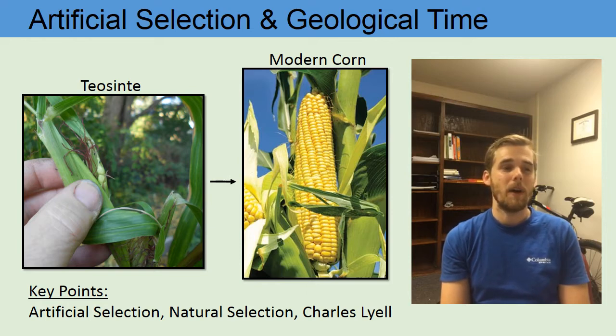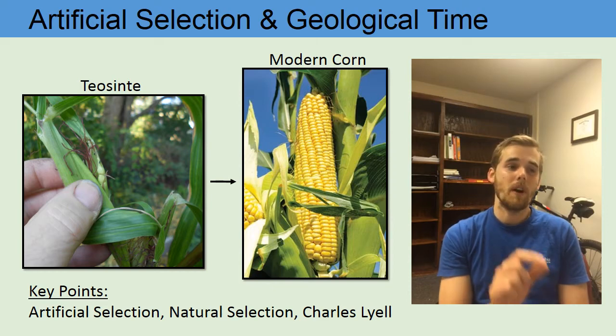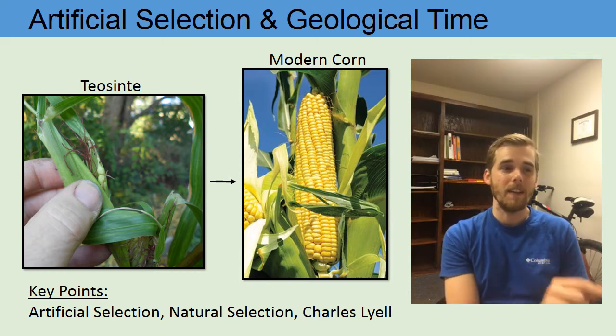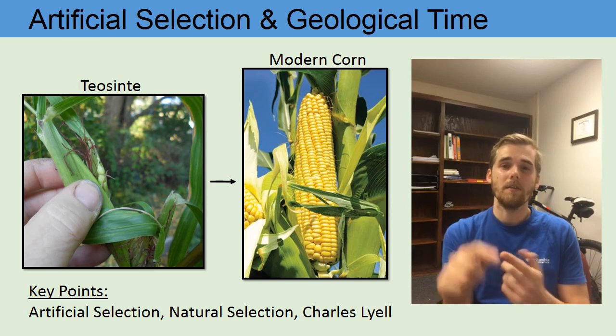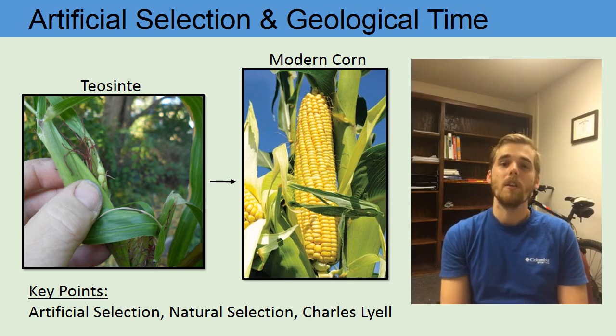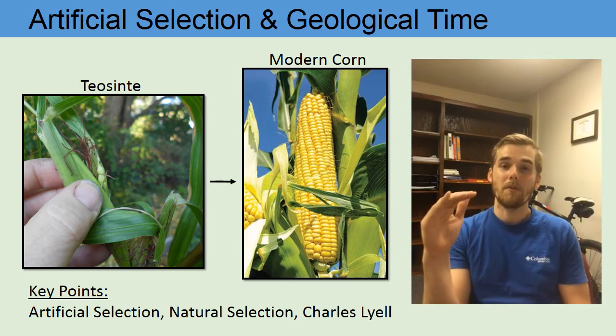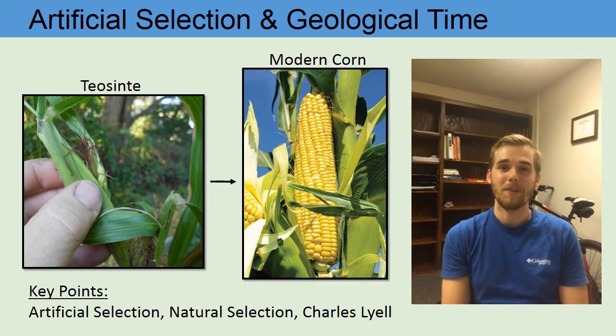The ancient Mayans and Aztecs and civilizations that lived in the South and Central American regions selectively bred corn over a period of hundreds of years, and went from this teosinte, a very small stalk of these corn grains, to the very large, very robust ear of corn that we now know as corn.